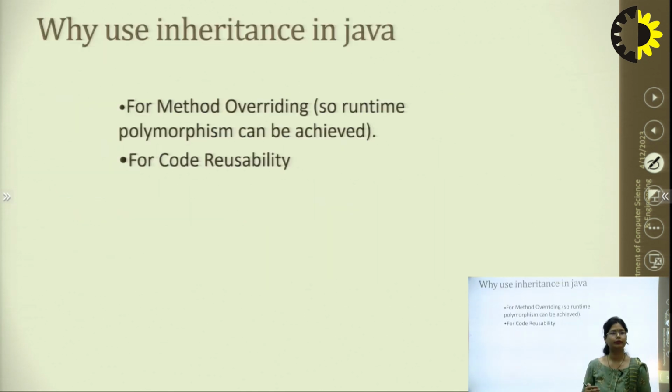So why do we use inheritance in Java? The very first reasons are method overriding and code reusability. In the first slide we already studied that polymorphism and inheritance are both used for code reusability, where we can use the code again and again with different changes.